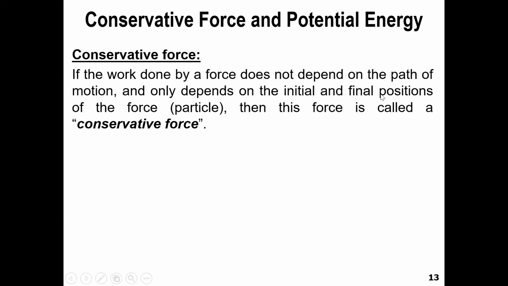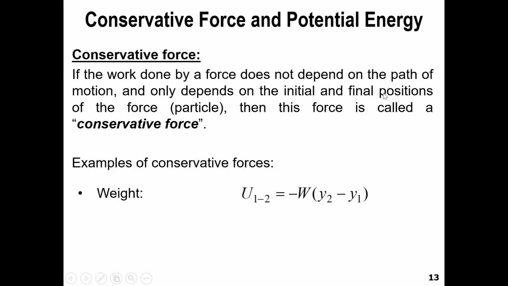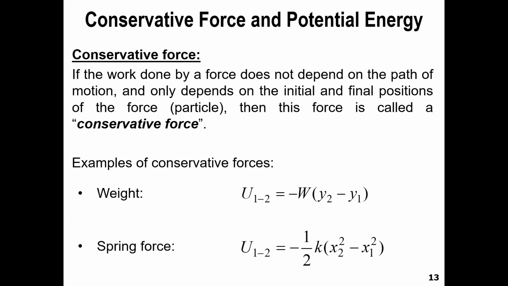So we defined conservative forces. Two examples that we frequently use are gravity and spring forces. And the reason we did this is simple. Because the work of these two forces do not depend on the path of motion, we can define them as potential energy, because similar to kinetic energy it only depends on where the particle is.